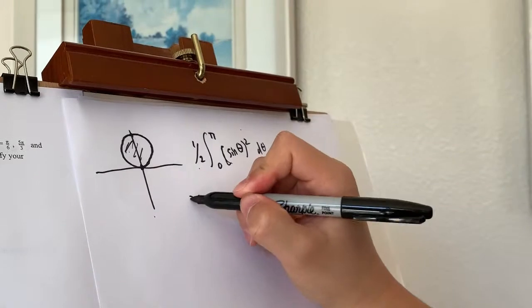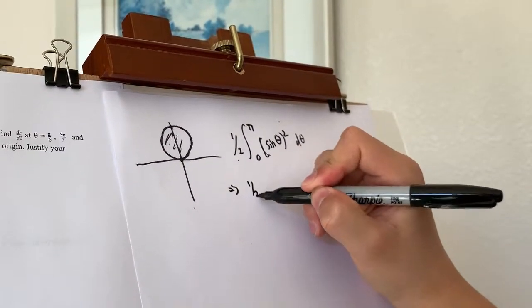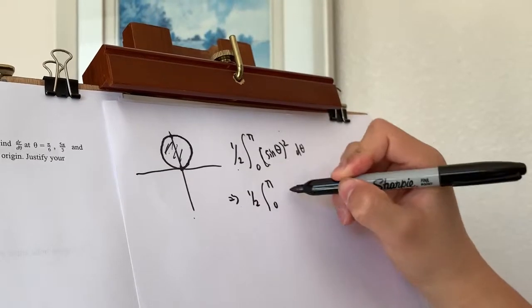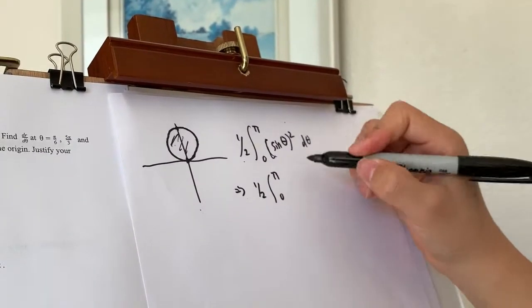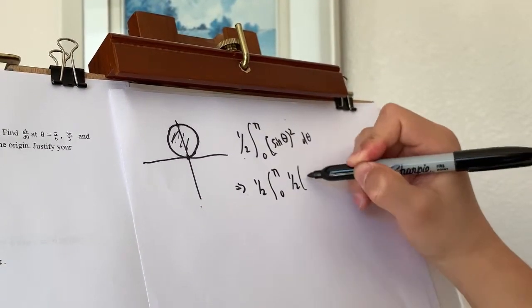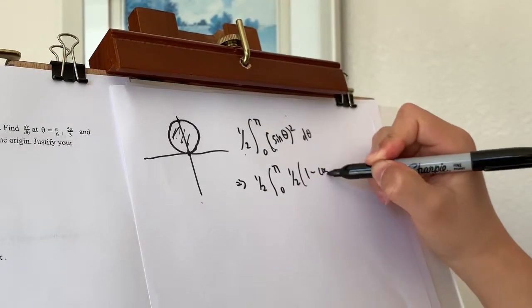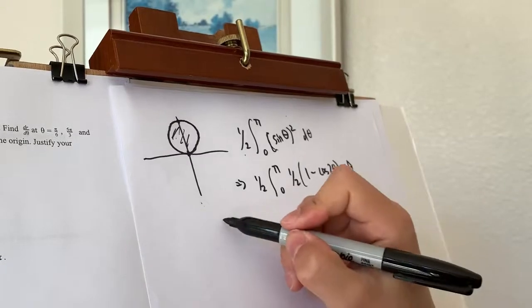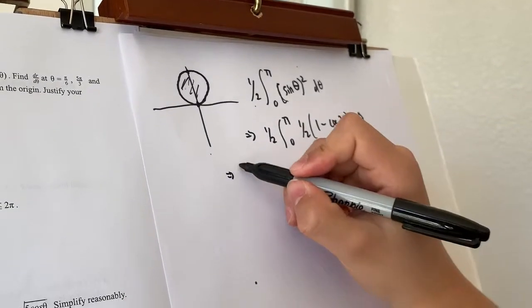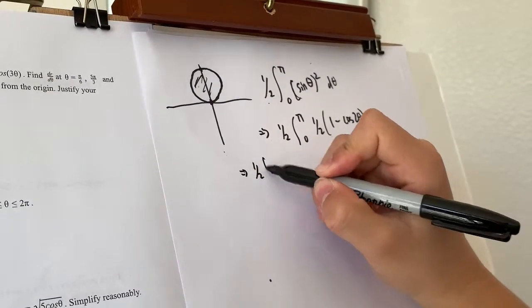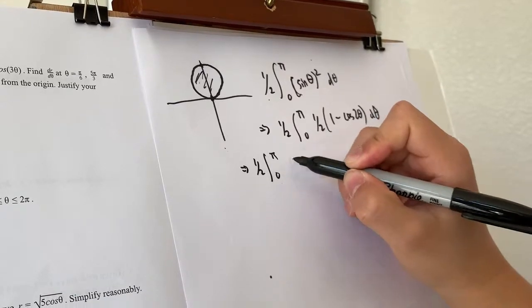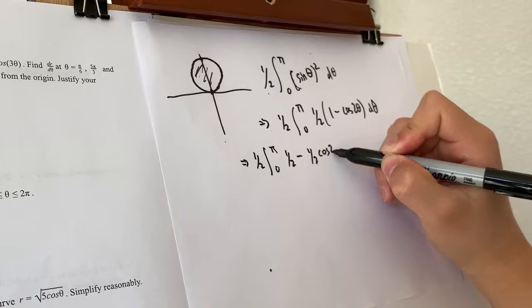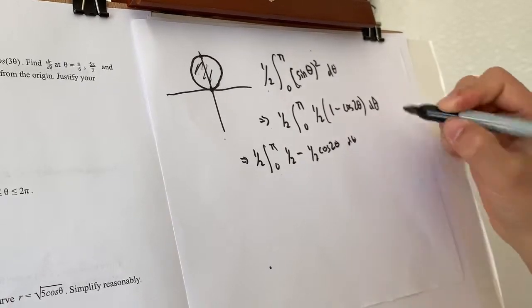So evaluating this, we get 1/2 integral 0 to pi, and then using the power reducing formula, we get 1/2 (1 minus cosine 2 theta) d theta, and from this we get 1/2 integral 0 to pi of 1/2 minus 1/2 cosine 2 theta d theta.